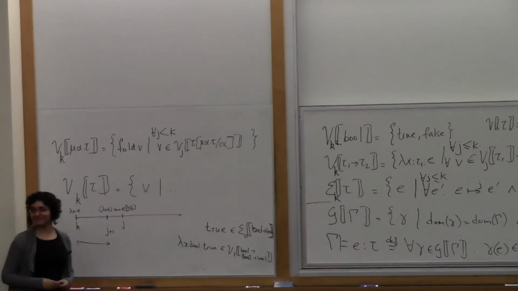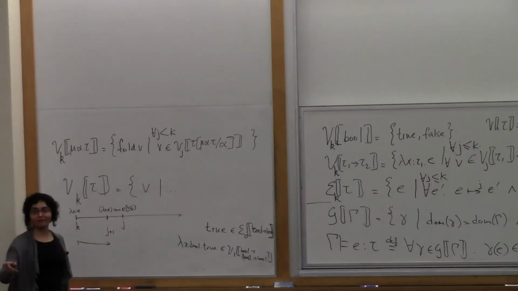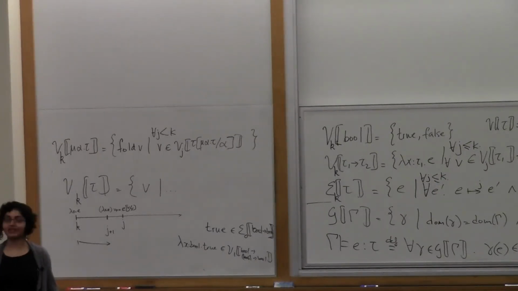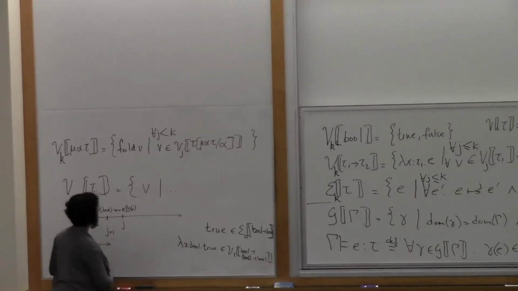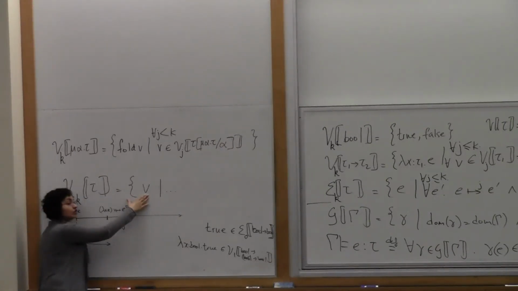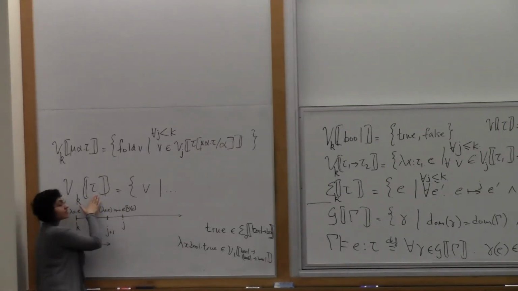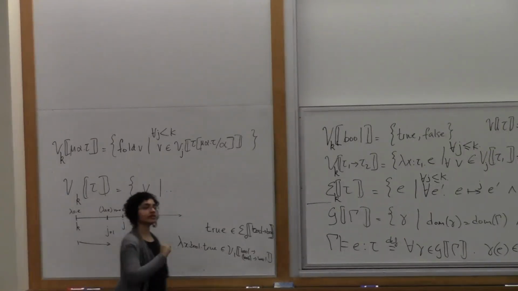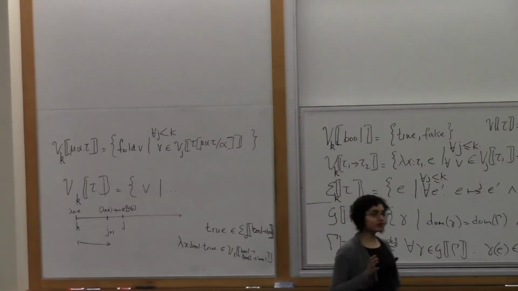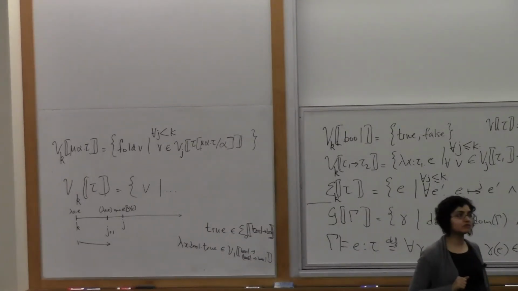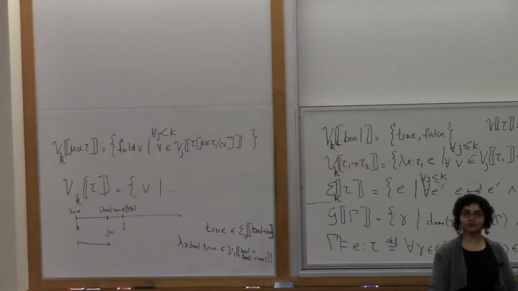That's precisely where, yeah. Okay, so, sorry, what's your name? Gabriel. Okay, so what Gabriel just mentioned is that we want a form of monotonicity, right? I keep saying that V looks like it has type tau for up to K steps. So if I give you a value that looks like it has type tau for 5 steps, should it look like it has type tau for 4 steps? Yes, because I said up to, right?